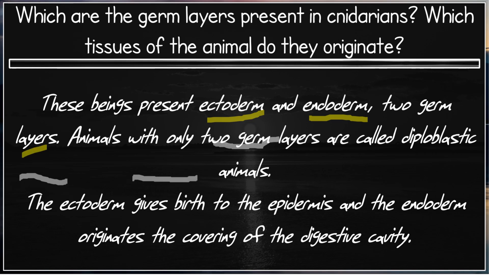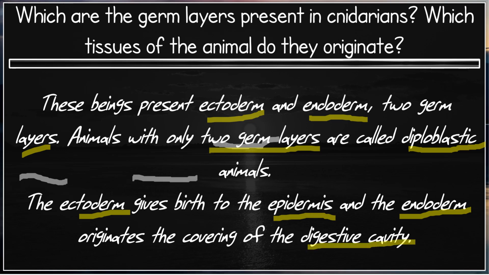Two germ layers. Animals with only two germ layers are called diploblastic animals. Ectoderm gives birth to the epidermis, and the endoderm originates the covering of the digestive cavity.